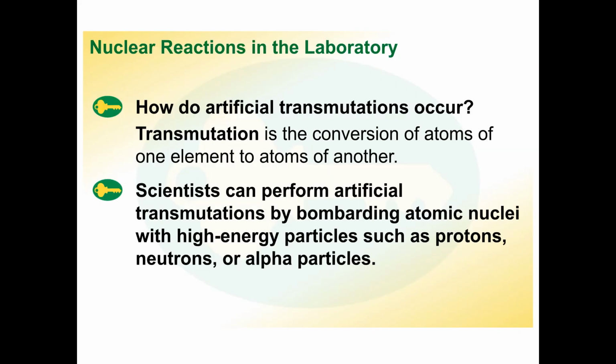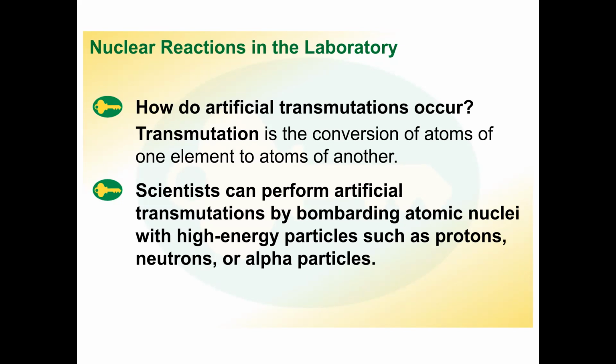So how do artificial transmutations occur? Well, a transmutation is a conversion of atoms from one element to another. So we've been talking about decay, right? So when we talk about matter, we talk about alpha and beta particles, neutrons that are released from the sun that bombard matter here on Earth, and they insert themselves into different elements.